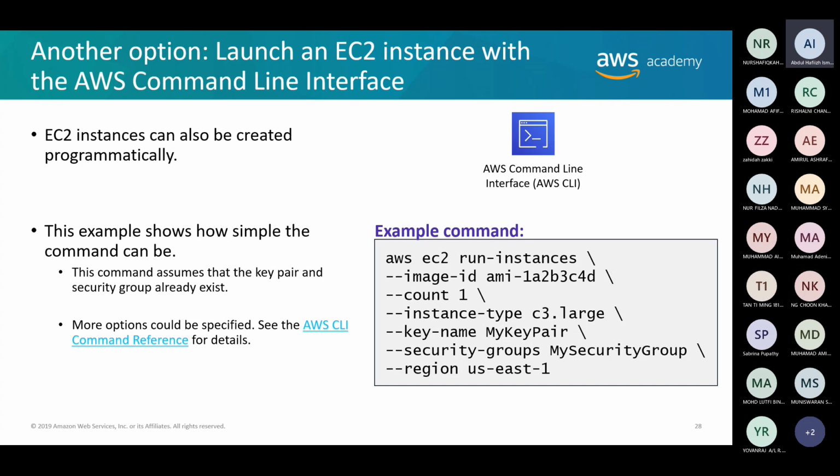And then dia key name, my key pair. So untuk key name, assume that my key pair already exists. So dah ada. And then security groups, kita ambil polisi yang mungkin kita dah create, my security groups.